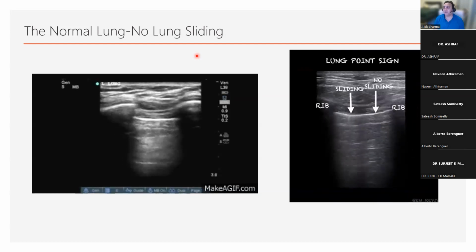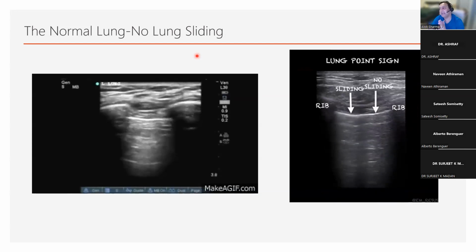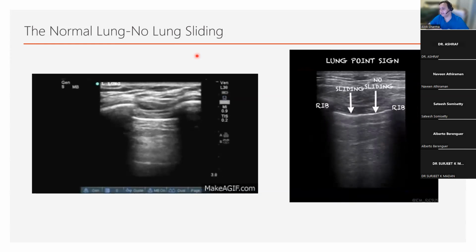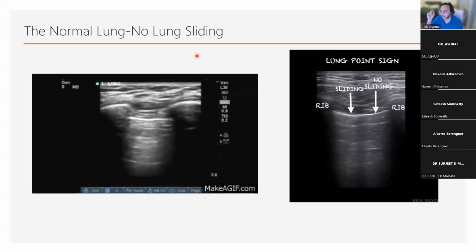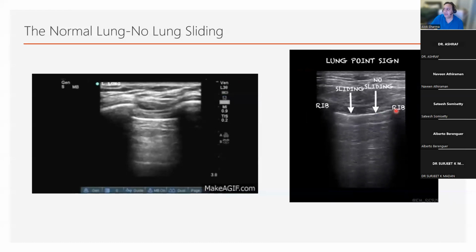What we realized on postmortem was that the lower half of the pleura, where the previous chest drains had been put in, was completely adherent. Unfortunately, because of that, the chest drain that was put in went straight into the lung. That is why it's very crucial, in situations where you might see the absence of lung sliding, that you very carefully try to differentiate whether it is associated with other signs of a pneumothorax on ultrasound.